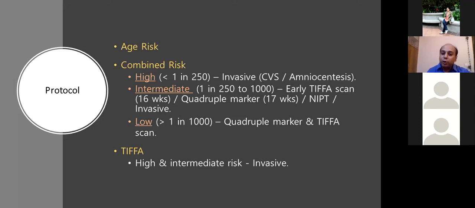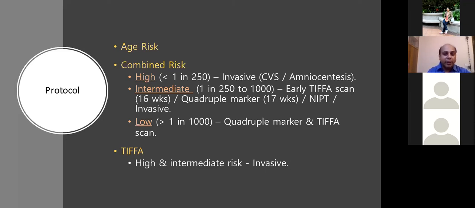If the risk is low, we go for a normal quadruple marker and TIFFA scan. However, if the risk is intermediate, then we need to go for an early TIFFA scan at 16 weeks, quadruple marker at 17 weeks, and depending upon their results, we can go for NIPT or invasive tests.